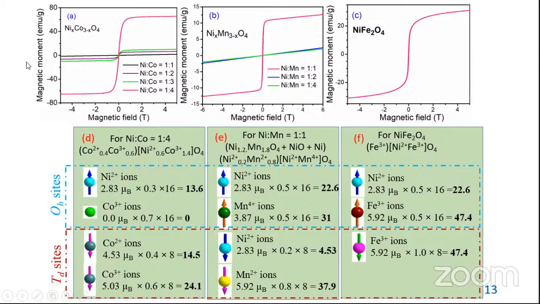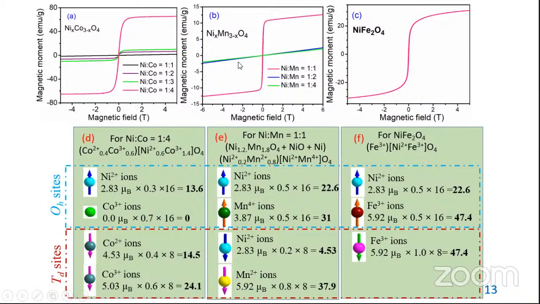In the first case, nickel cobalt oxides, as you can see, only the 1:4 nickel cobalt nominal ratio gives perfectly superparamagnetic behavior. On the other hand, when the nickel composition is increased to 1:3, 1:2, or 1:1, the behavior is a little bit paramagnetic with a small superparamagnetic contribution, but their magnetic moment is very low.